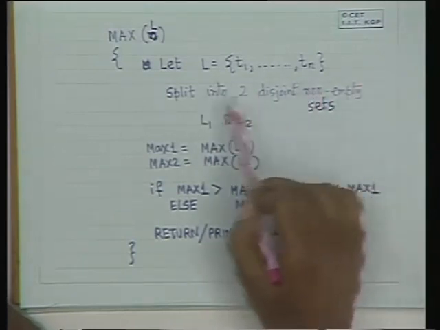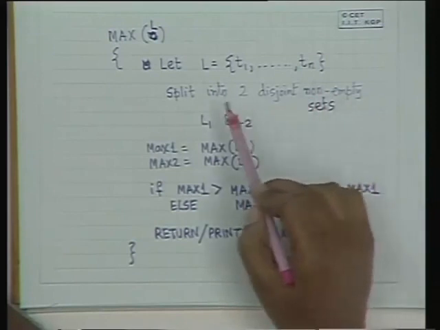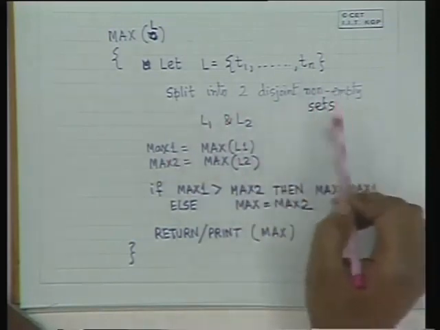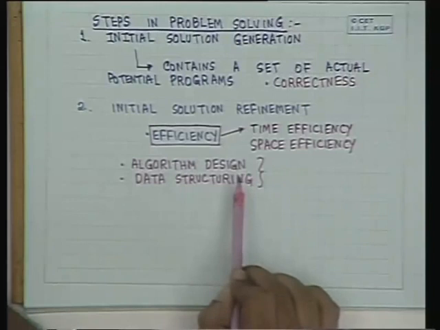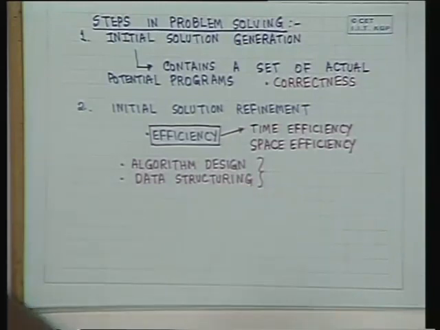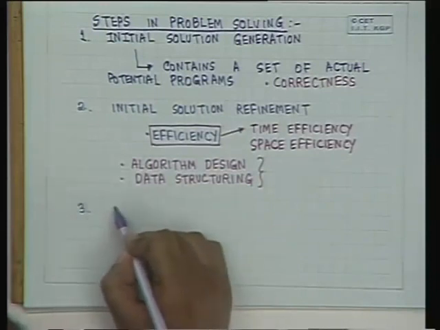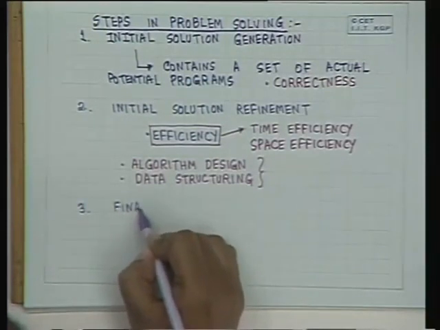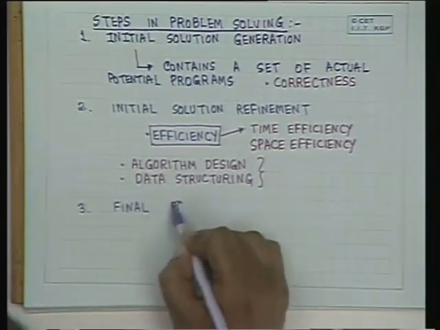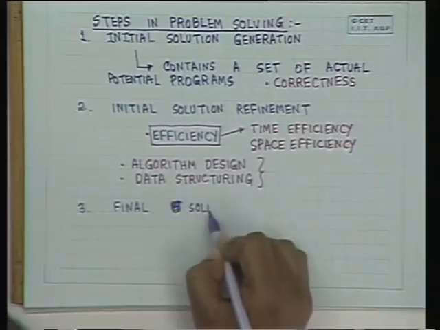As an array, as a list, as what? Will we not keep anything? Will we just read it as and when required? So data structuring goes hand in hand with algorithm design to give you the final solution.